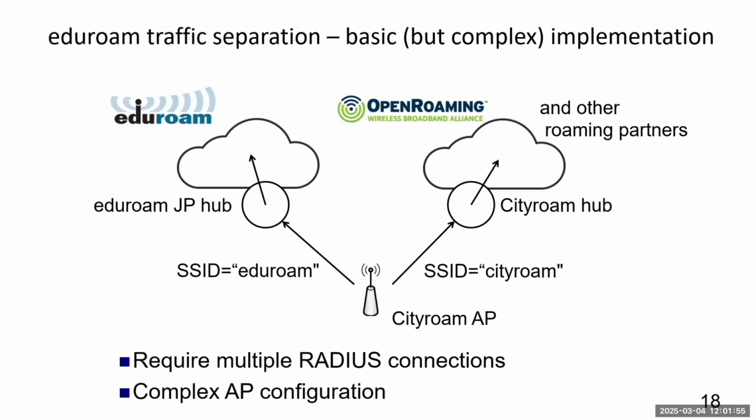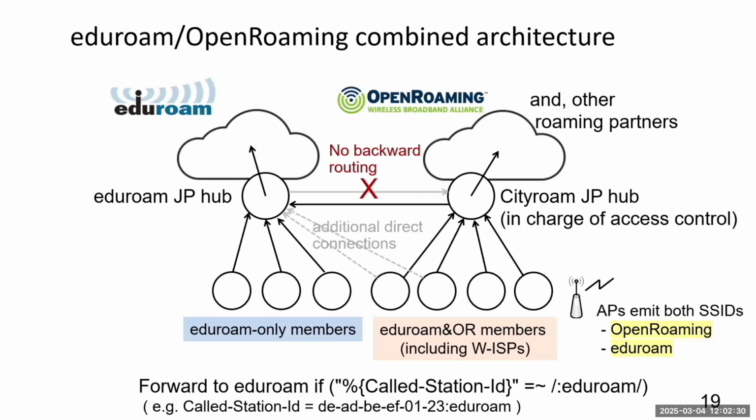And the deployment may not look easy, but in fact, it's not so difficult. This is a basic implementation idea. The straightforward way is to separate the authentication request path depending on the SSID. But this requires two separate systems from the access points, so this is not so easy. And we developed a system like this. On the left-hand side, you see the Eduroam world.